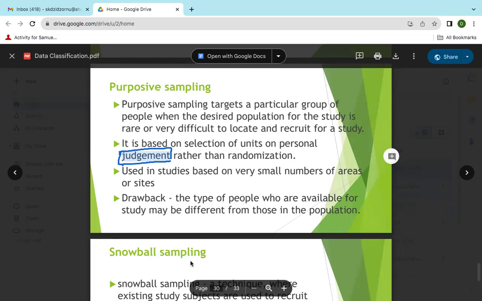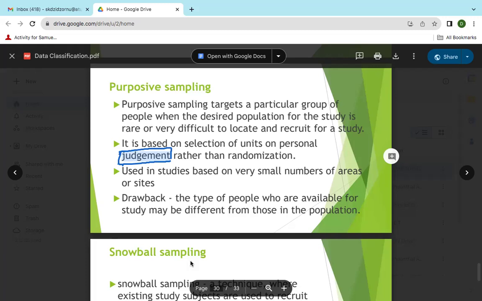If they are doing this by a questionnaire, let's say Google Forms, and they are floating it on social media, so anybody who stumbles on it can just participate in the study. The government can do something like this purposively or judgmentally.